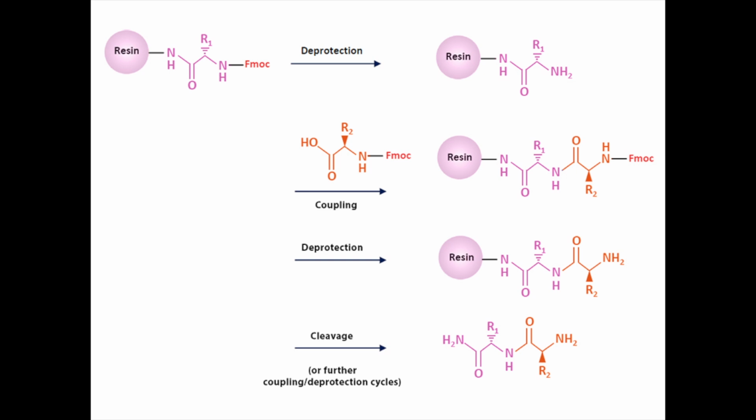And then the NH, that amine group from the first amino acid, has an FMOC protecting group, which you can then take off. The protecting group is really just there so that nitrogen doesn't interact with or form bonds with something you don't want it to. You only want it to bond to the carboxylic acid of the next amino acid you're adding.